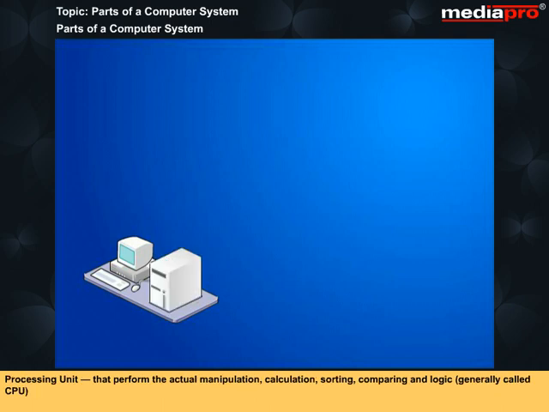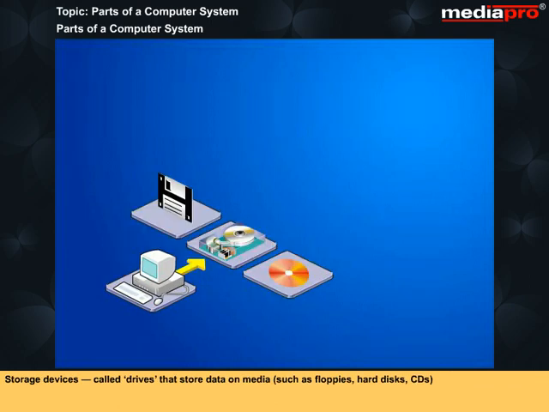Processing unit that performs the actual manipulation, calculation, sorting, comparing, and logic, generally called the CPU. Storage devices, called drives, that store data on media such as floppies, hard disks, CDs.